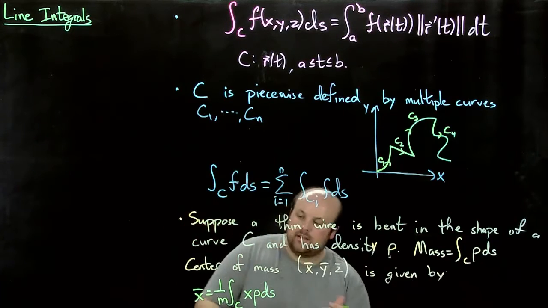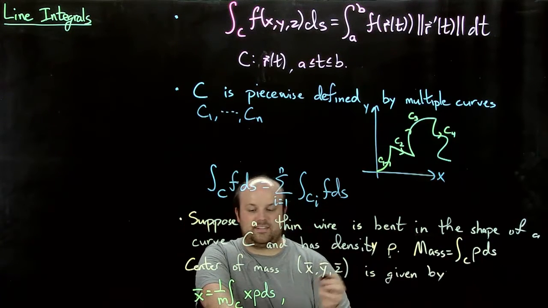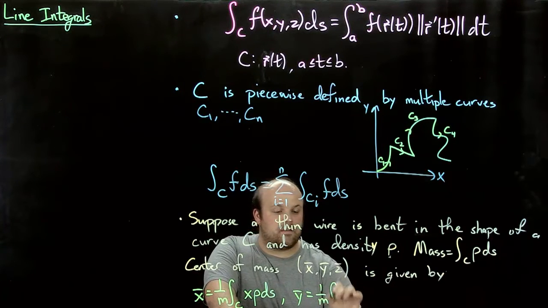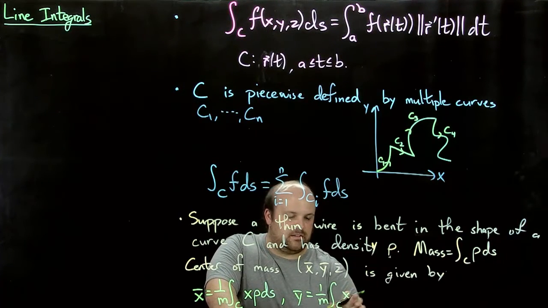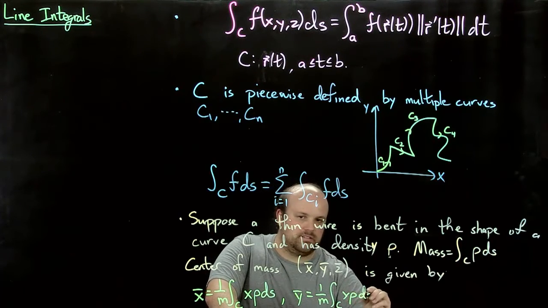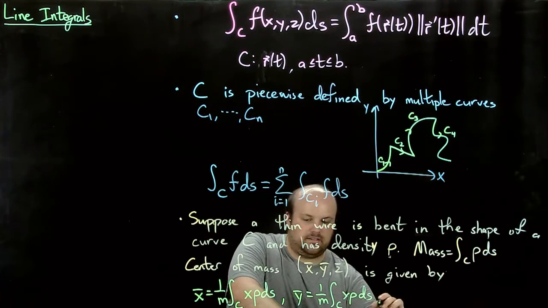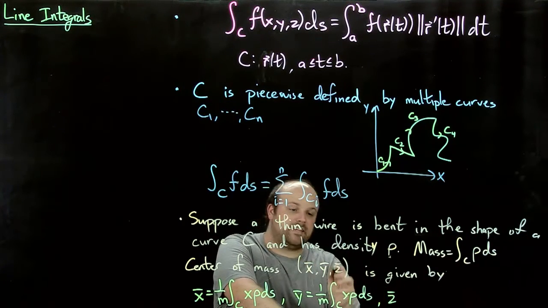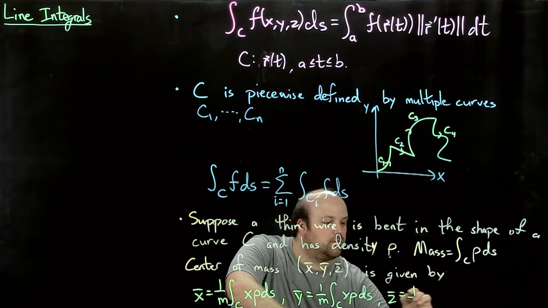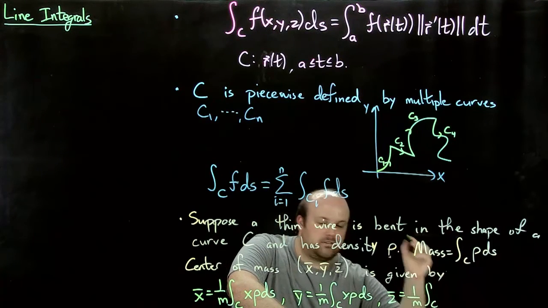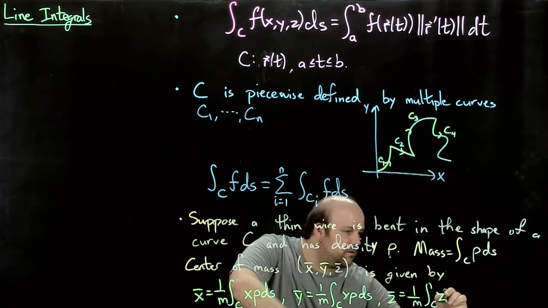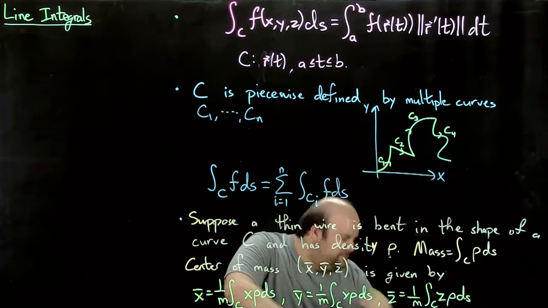Right? And then likewise for the y and z coordinates. Y bar will be 1 over m, integral over C of, oops, not x, y rho ds. And the z coordinate of the center of mass is 1 over m integral over C of z rho ds.